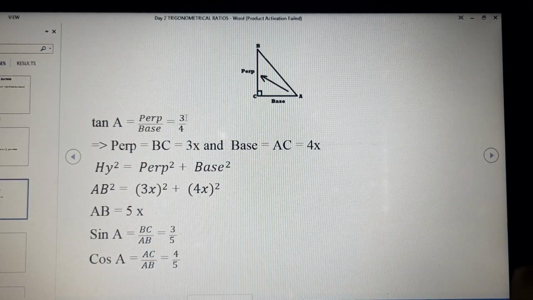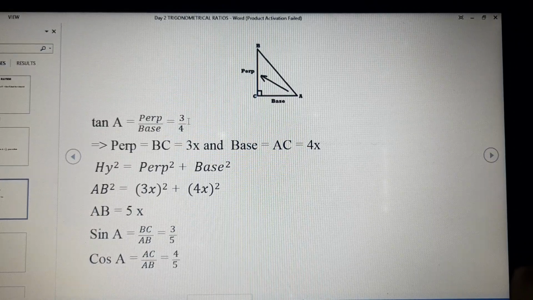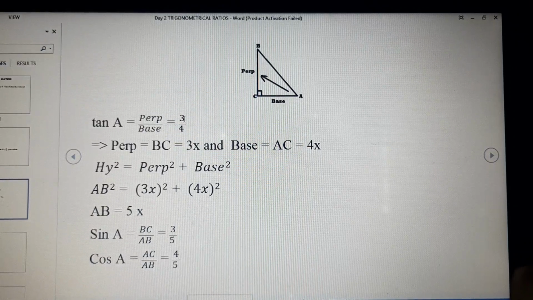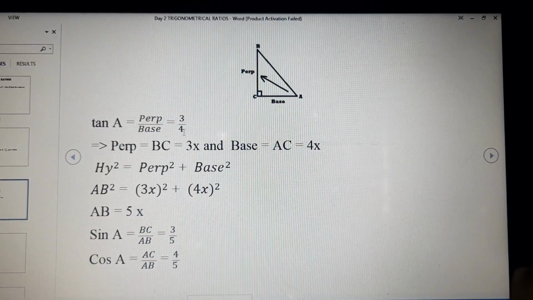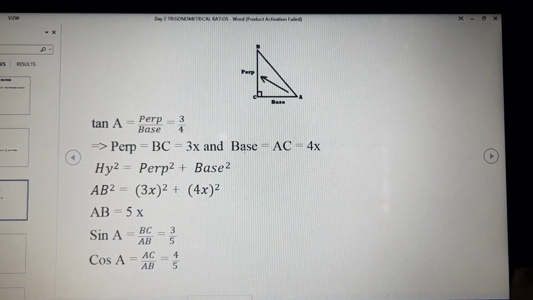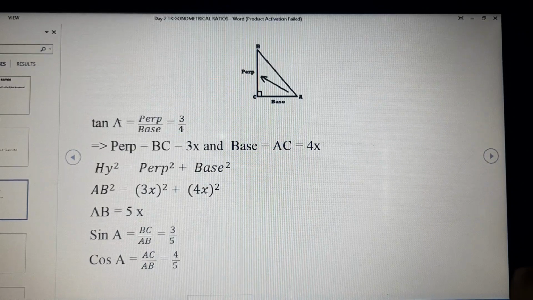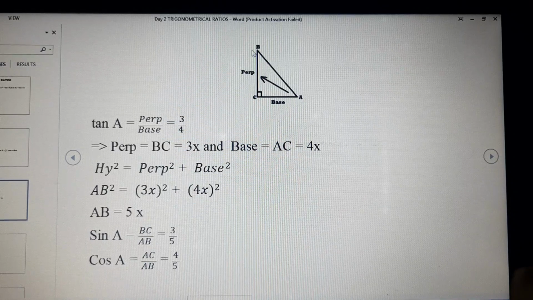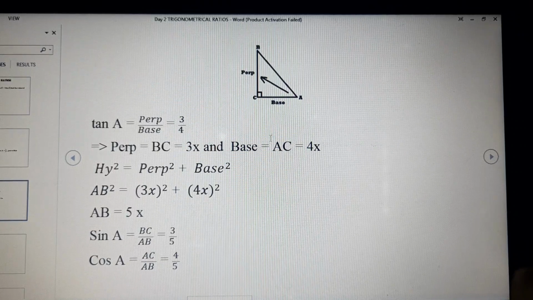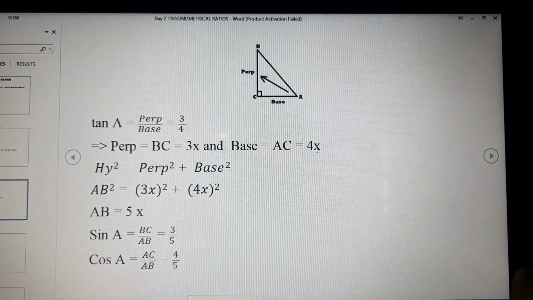and the value is given as 3 upon 4. We are supposed to take 3x and 4x because they can be the multiples of 3 and 4. So perpendicular becomes 3x and base becomes 4x. Clear? We have assumed them. According to angle A, BC is opposite to angle A, so perpendicular BC becomes 3x and base AC becomes 4x.